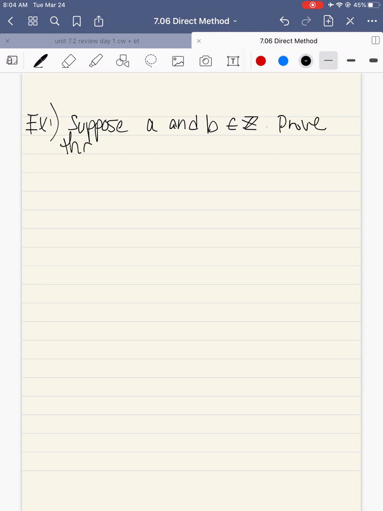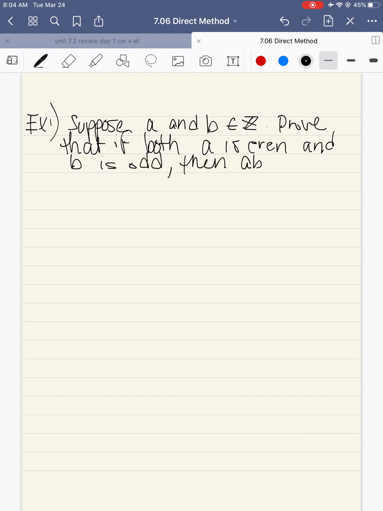Prove that if both A is even and B is odd, then AB minus B is odd.